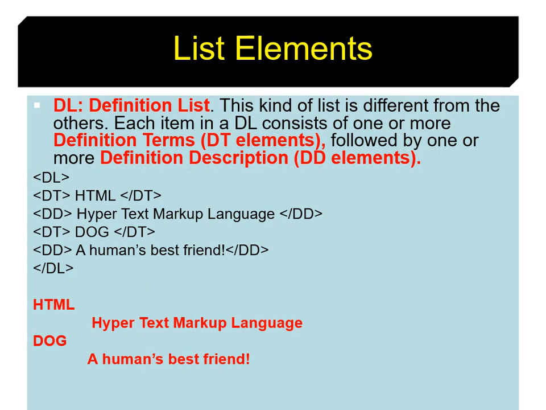When you create a definition list, the tags that you use change from UL and OL to DL, and the LI tags change from LI to DT.